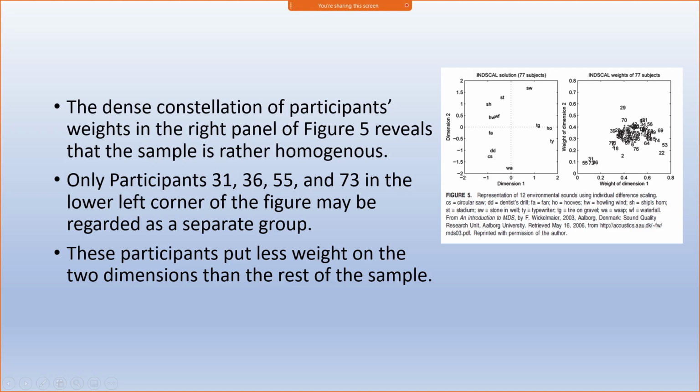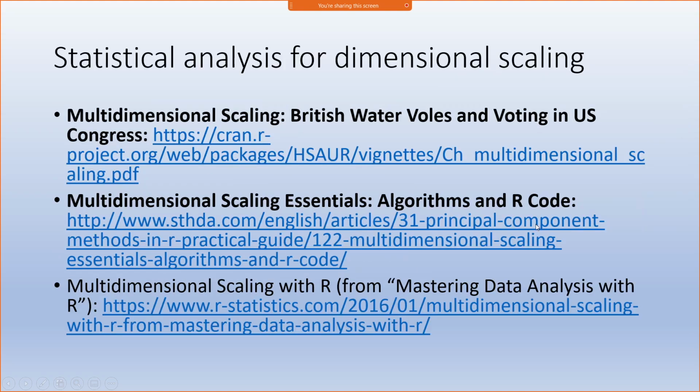So you can see that most of the participants are similar, but there are participants 31, 36, 55, and 73 who are not similar to the rest of the 77 people. So these participants put less weight on two dimensions than the rest of the sample.